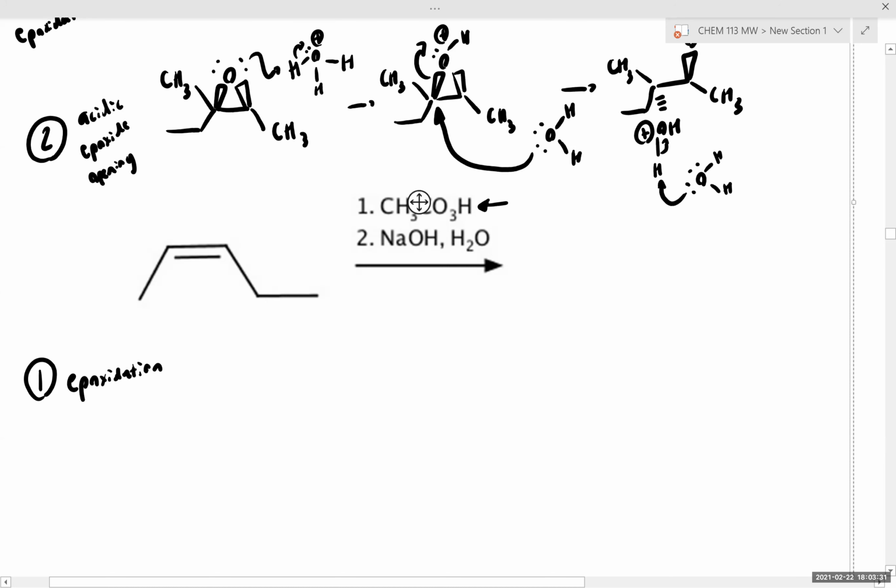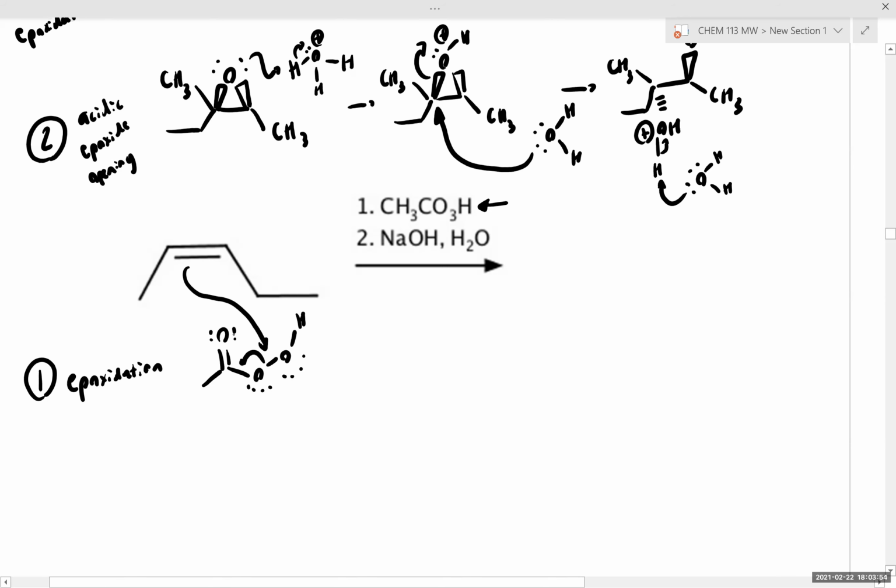Normally mCPBA is used, but peracetic acid is often used for simplicity in drawing the mechanism, and it's easier for students to draw. Practically, though, you probably wouldn't want to use peracetic acid because it's not a very fun reagent to handle.